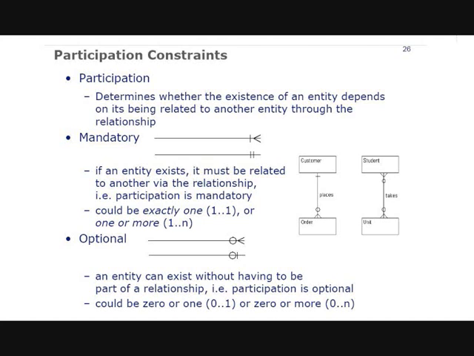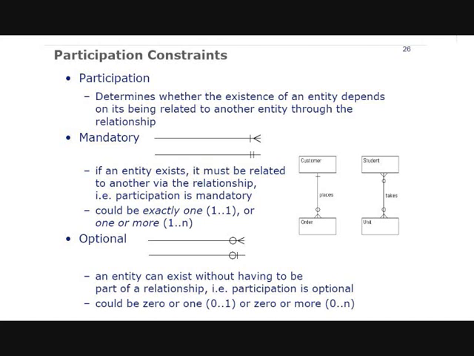As well as the cardinality, the other thing that we need to worry about is the participation constraint. That determines whether the existence of an entity depends on it being related to another entity through the relationship.